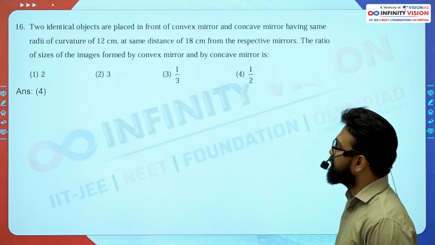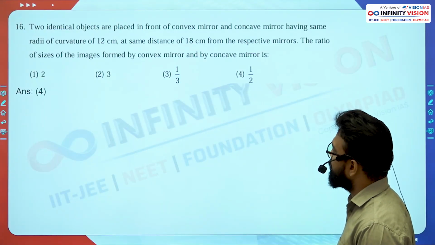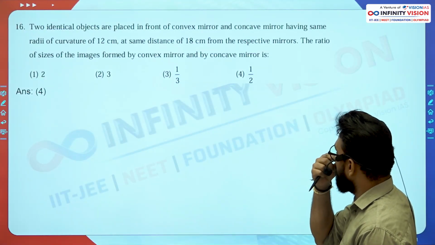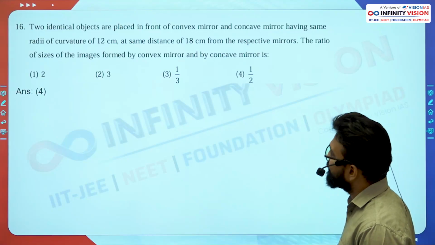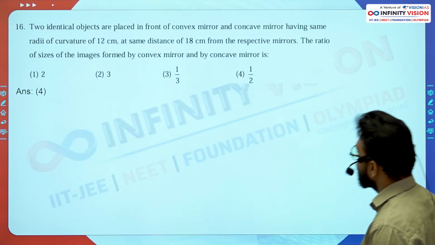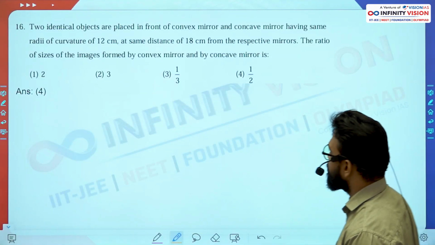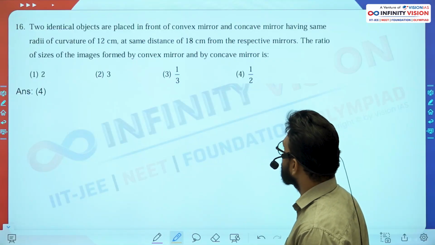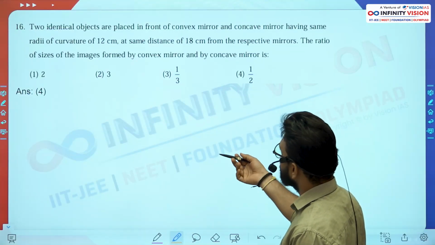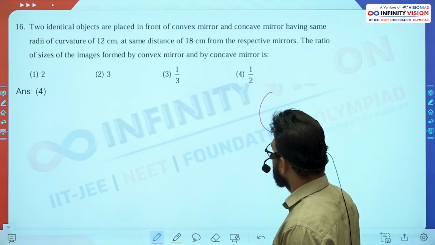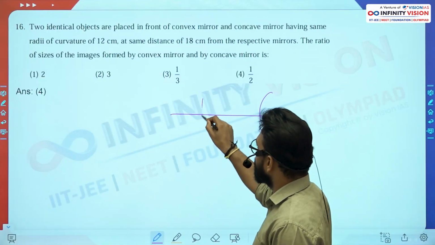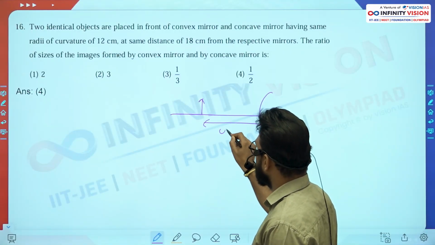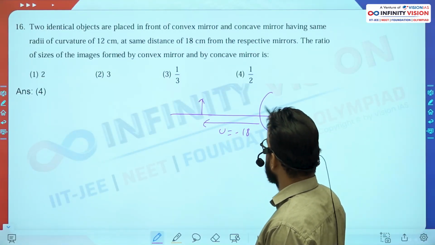Next, two identical objects are placed in front of a convex mirror and a concave mirror having the same radius of curvature, 12 centimeter, at the same distance, 18 centimeter, from the respective mirror. We have been given a convex mirror. The same object is placed at a distance of 18 centimeter.